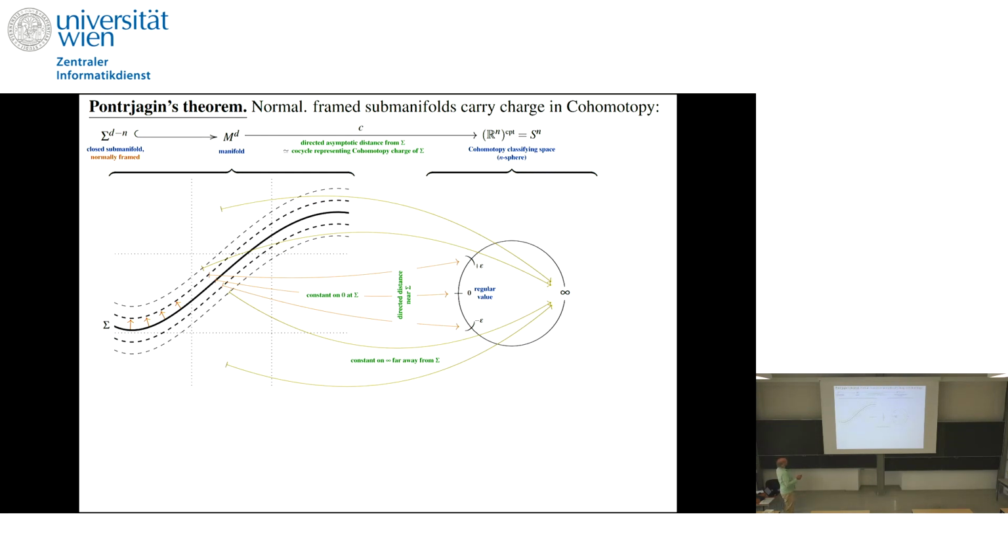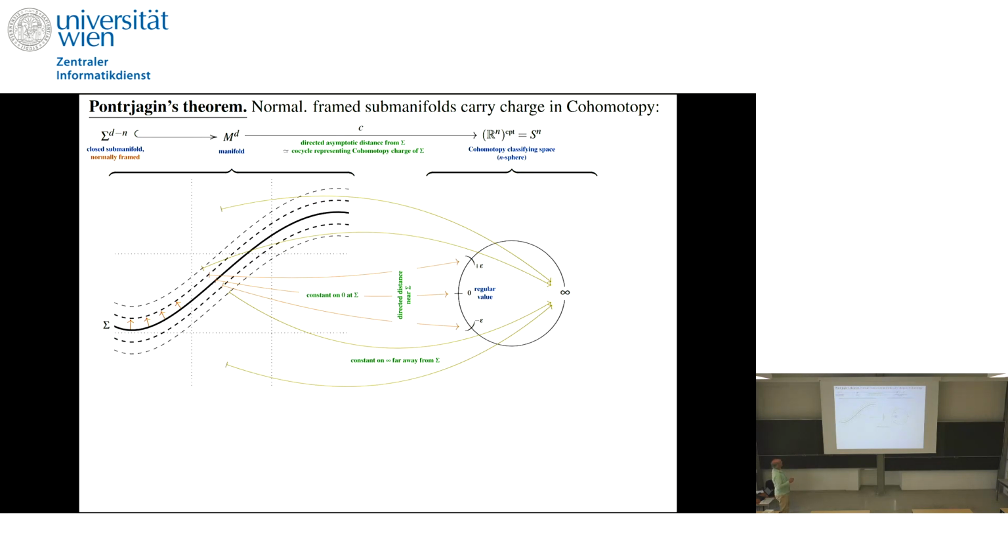Pontryagin's theorem says that if you have a normally framed submanifold, so if you have some manifold and a submanifold in there, and the normal bundle of the submanifold has a chosen normal framing, then such a submanifold can only carry a charge in cohomotopy, which is my brane-theoretic language, if you wish, to just say there's a canonical construction from such a manifold to a class in cohomotopy.